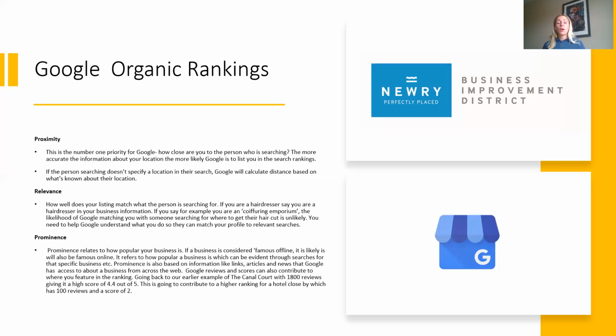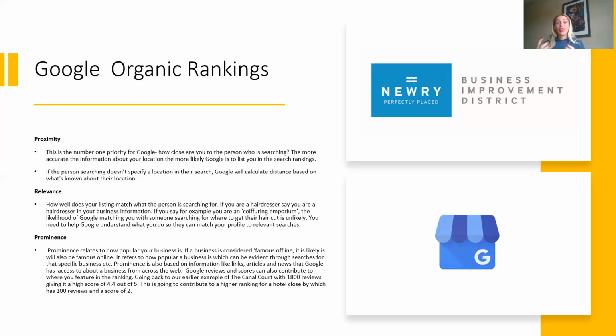If you have watched our beginner video, we used the Canal Court, obviously a well-known local hotel, as an example of profiling their Google My Business profile. At that time, they had 1,800 reviews and, I think, a ranking of 4.4 out of 5.